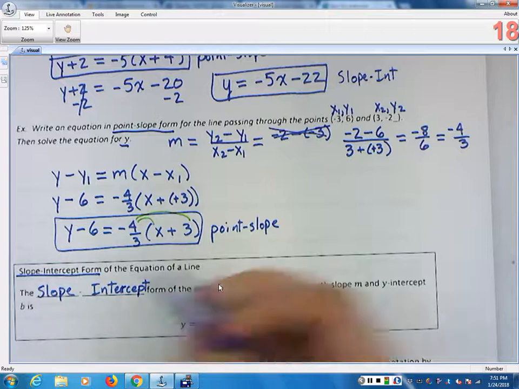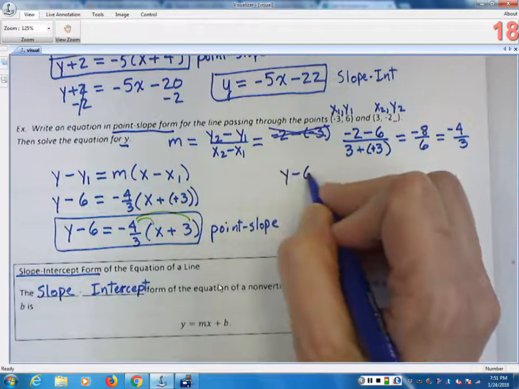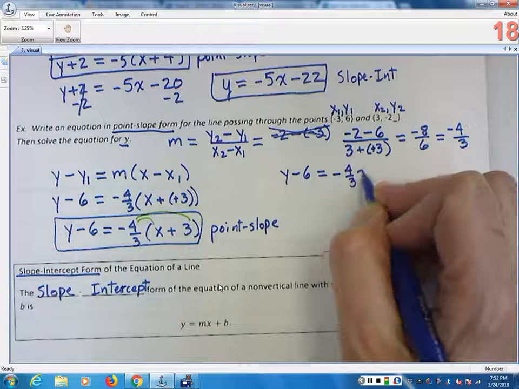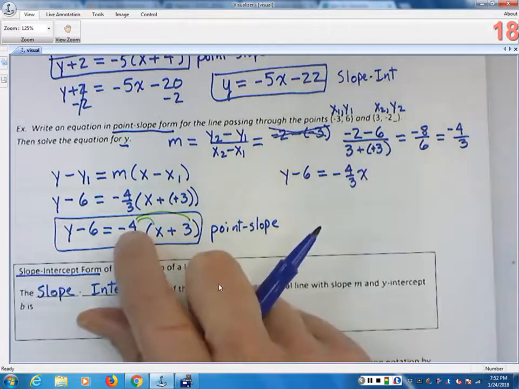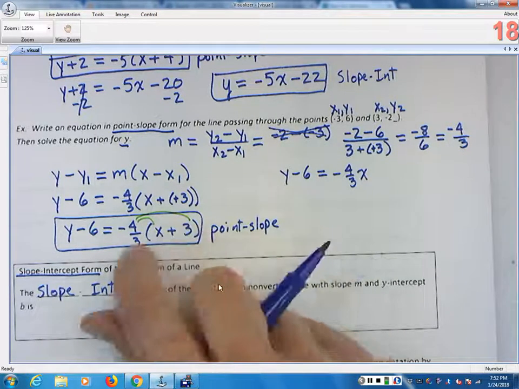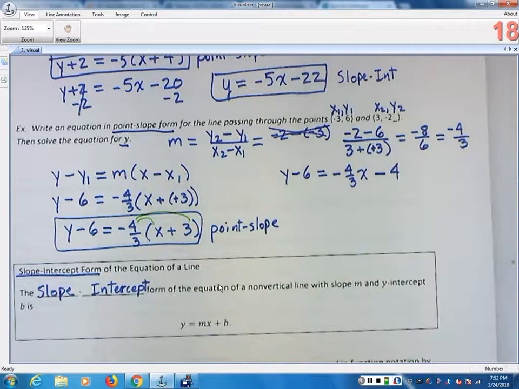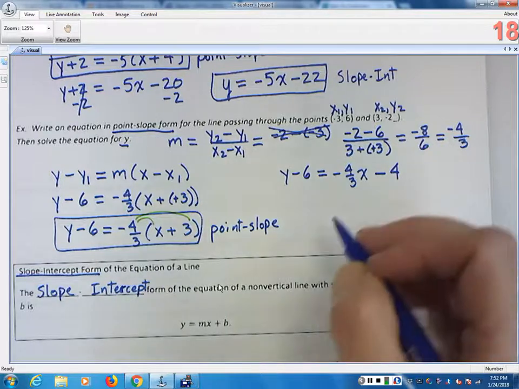Anyway, you can distribute that. Y minus 6 equals minus 4/3 x. And when you take minus 4/3 times 3, the 3's cancel, and you get minus 4. It's not going to always be so nice, but you can put it in your calculator and get it too.